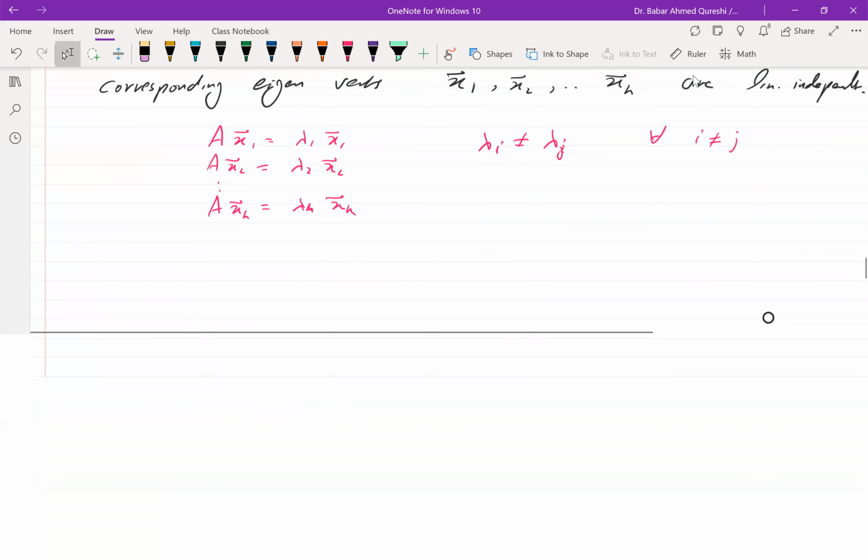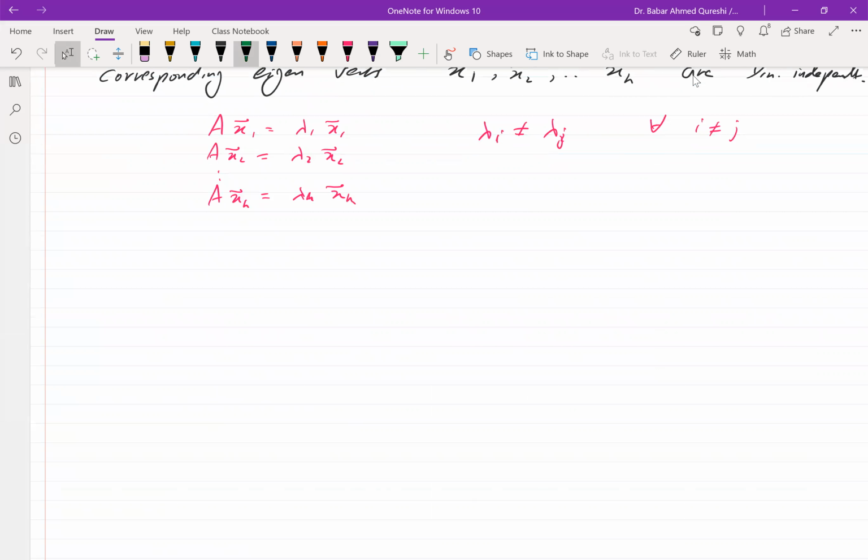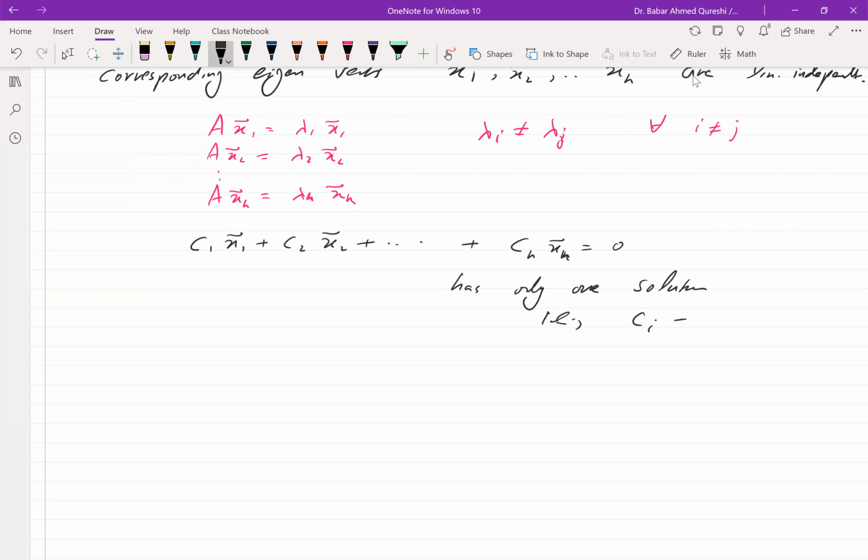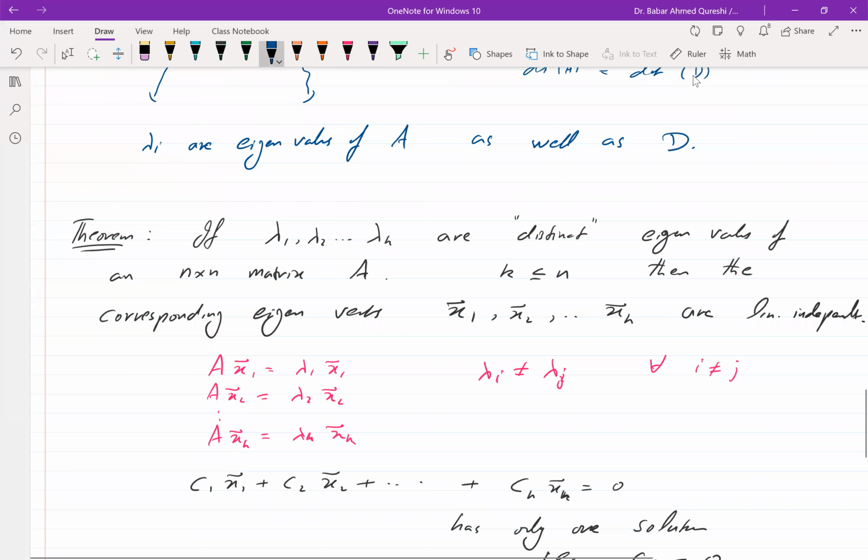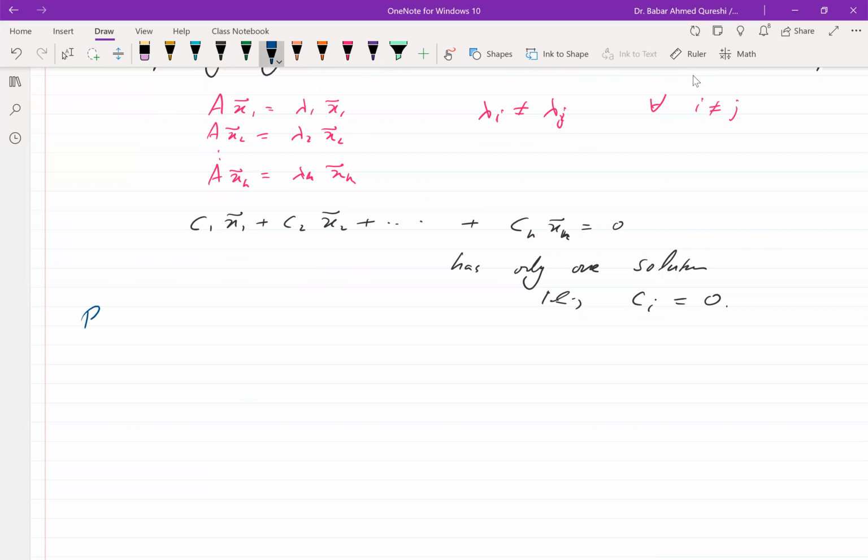Then the eigenvectors are linearly independent. That means the combination equal to zero has only one solution, that is, all Ci are zero. So how do you prove it?